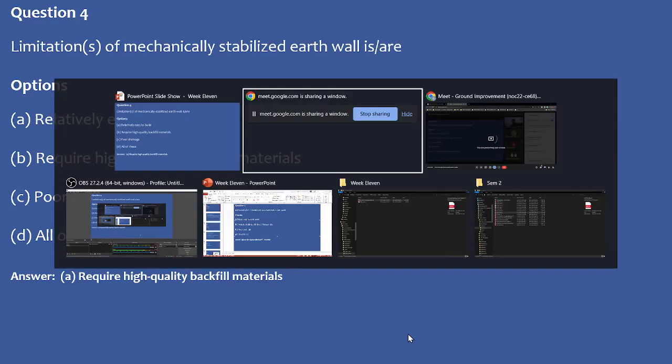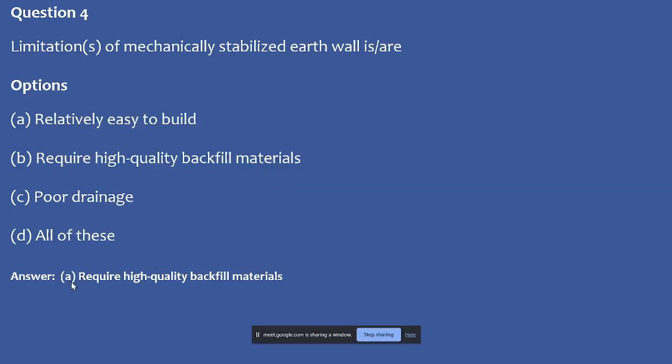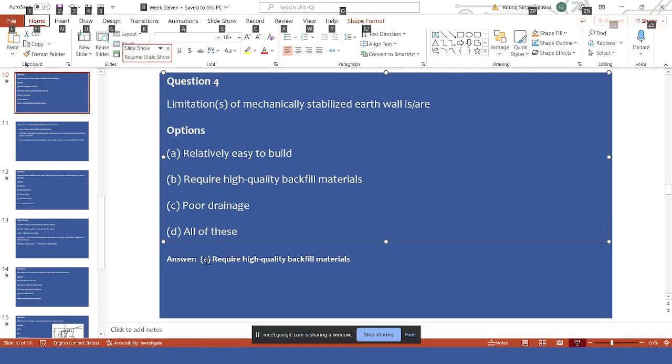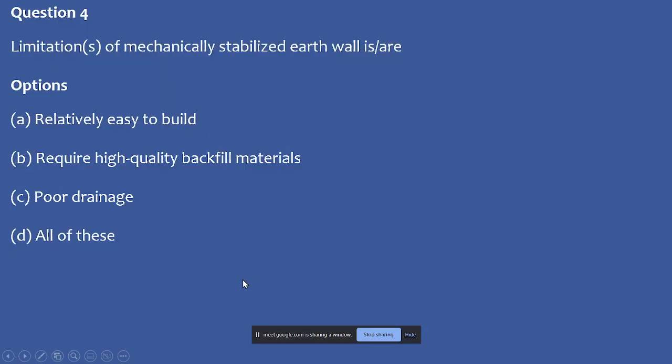Yeah, so the correct answer is option B, that is requiring the high quality materials. It's relatively easy to build, and poor drainage is also one of the limitations, but in some cases it will be there, in some cases it won't. But this high quality backfill material is required in every type of mechanically stabilized earth wall. Therefore, option B is correct.